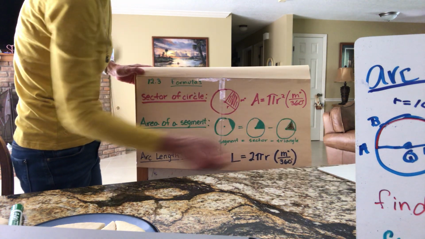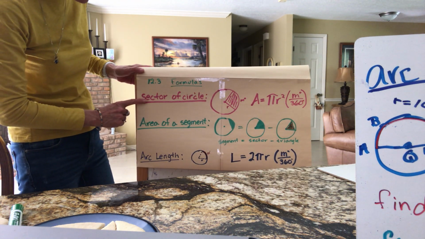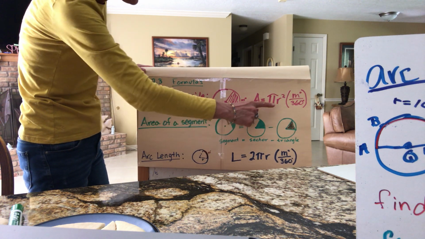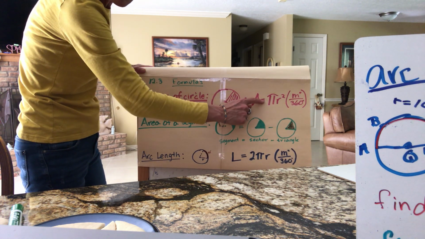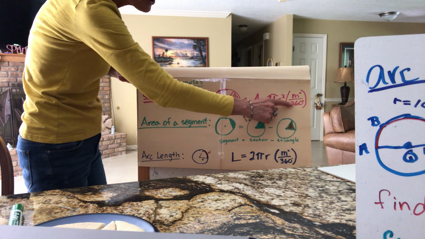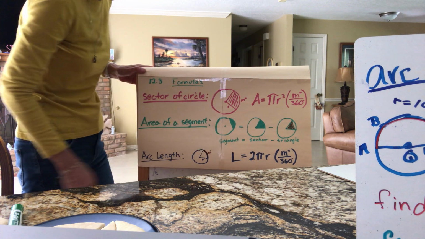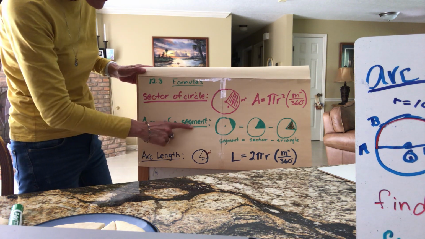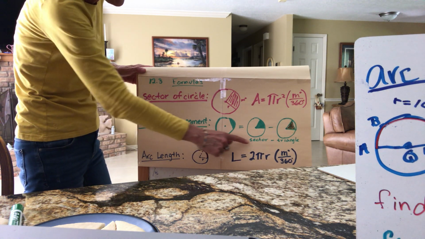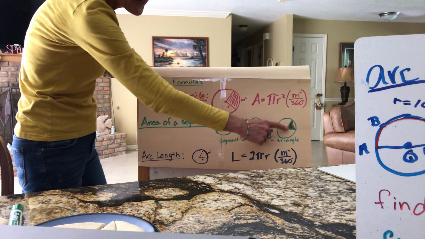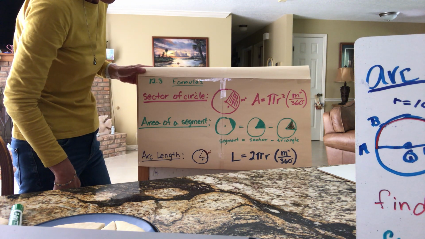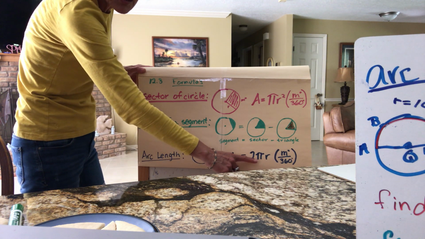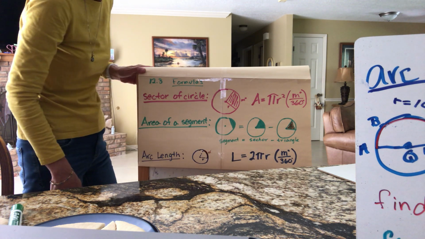So in 12.3, you're looking at the sector area, which is just a piece of pizza, is the circle's area times the arc degree part. So they call that m degrees out of 360. And the area of a segment is always just the sector minus the triangle. Okay, and arc length is going to be circumference times that same part.